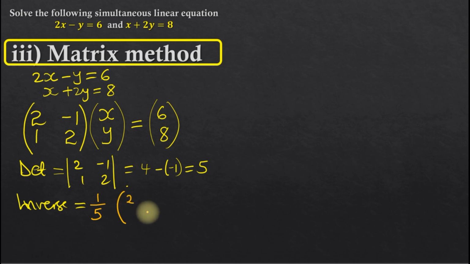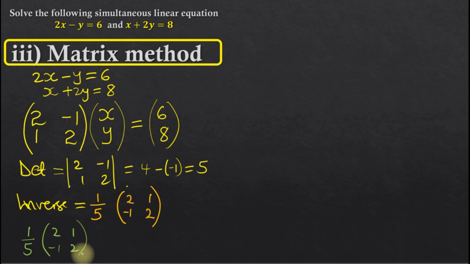So this remains 2, 2, and then we reverse the sign in the other diagonal. This will be minus 1 and this will be 1. So this inverse of the coefficient matrix is what we are going to pre-multiply in our matrix equation. So that will be 1 over 5 times into bracket 2, 1, minus 1, 2.